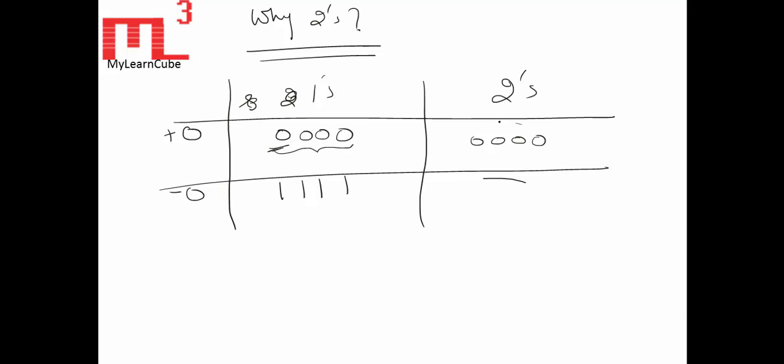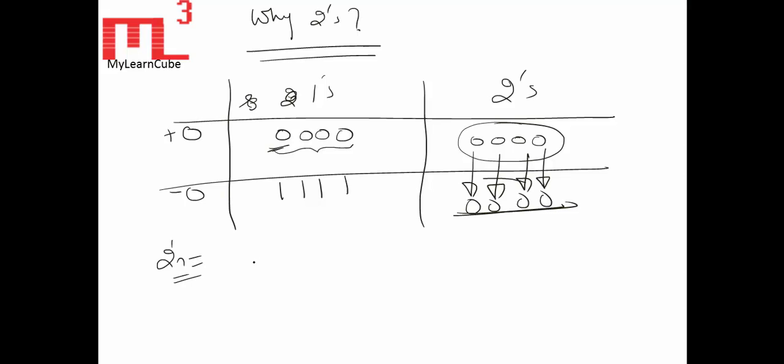And for two's complement, see, 0 0 0 0, and the two's complement of this number will be: keep 0 as it is, 0 as it is, 0 as it is, 0 as it is. That's it, same. That means in two's complement you have only one representation of 0, for +0 and -0.